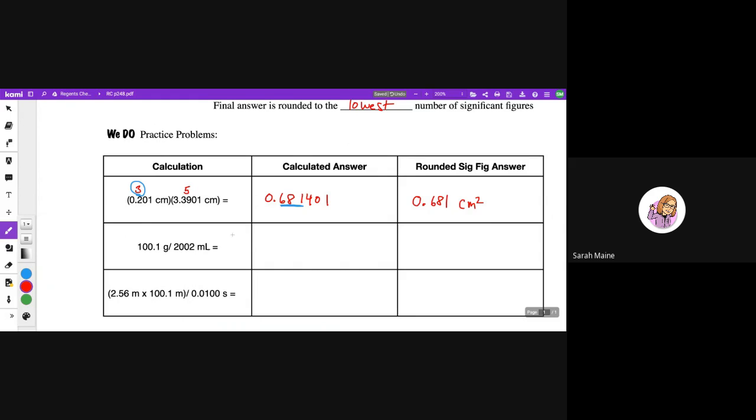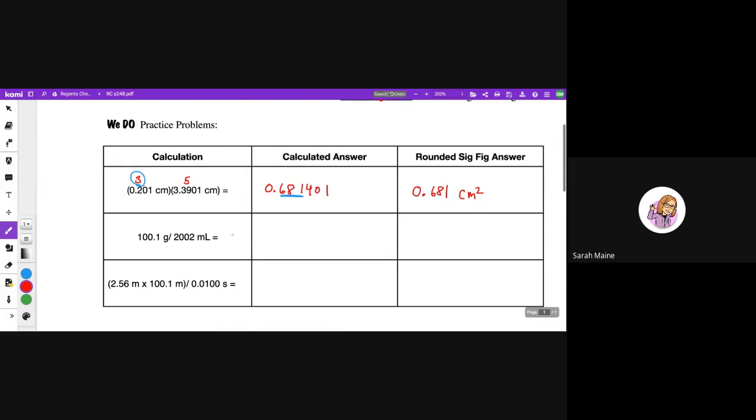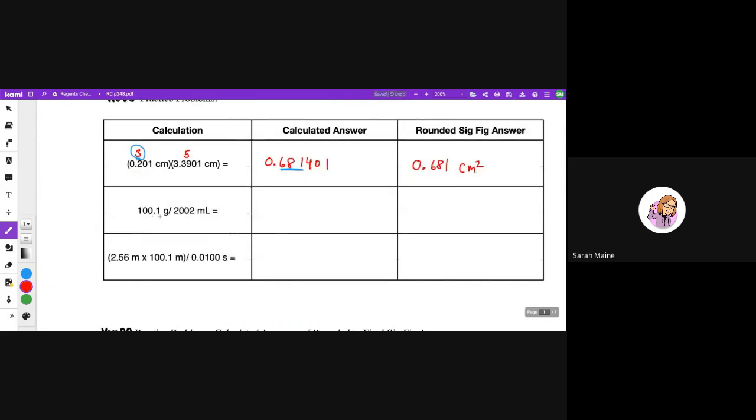Now, take a look at the next example. 100.1 divided by 2002. And when you put this in the calculator, your calculator answer is going to be 0.05. That's what the calculator is going to show. Now we need to figure out, when we express our final answer, how many sig figs must it contain.